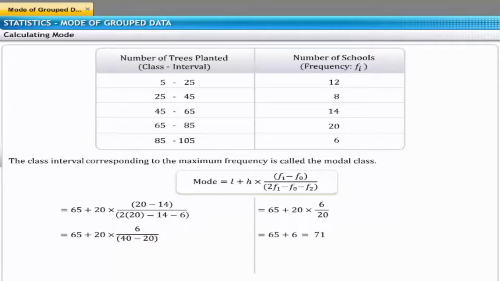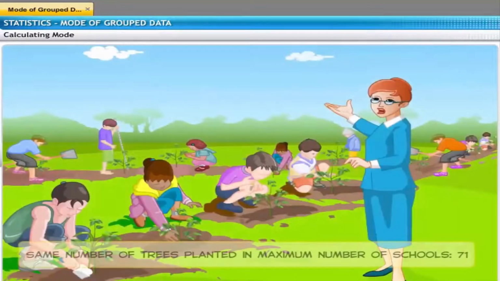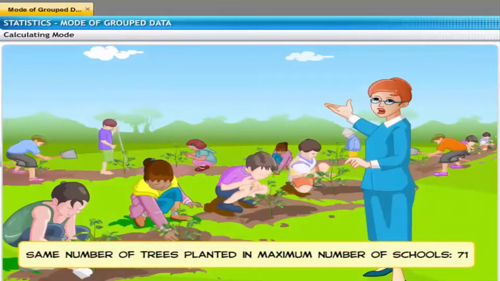The mode of a given data is equal to 71. Miss Greenfinger's problem is solved. The mode, or the same number of trees planted in maximum number of schools as per the given data, is 71.